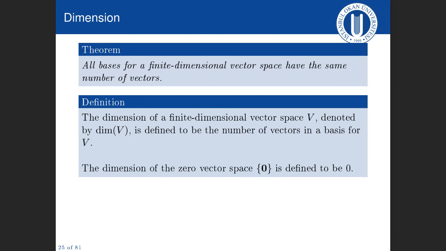The dimension of a finite dimensional vector space V, which we call dim of V, is the number of vectors in a basis for V. And just so that we make things consistent, we say that the dimension of the zero vector space is 0.